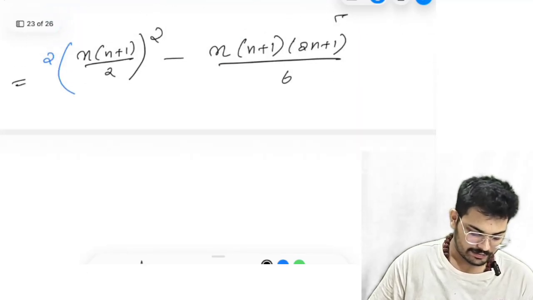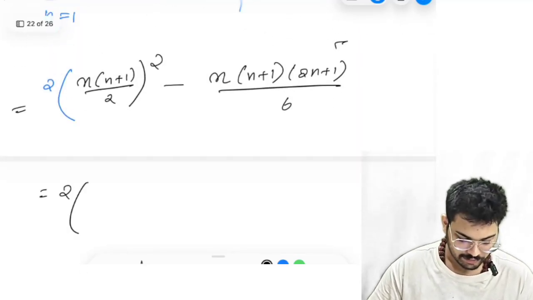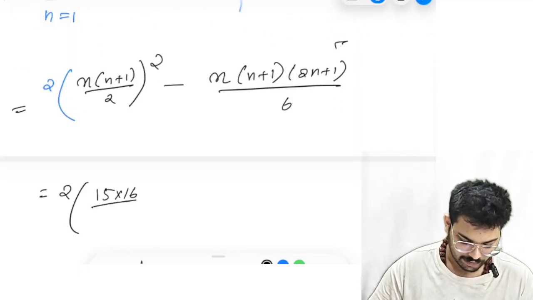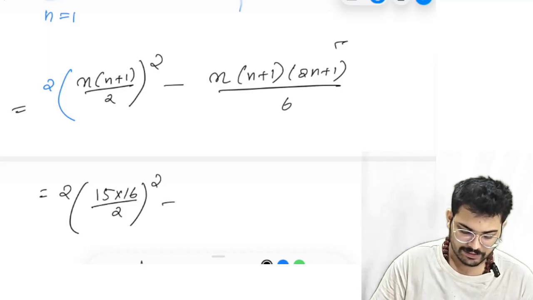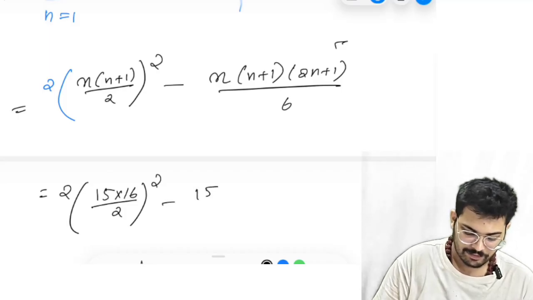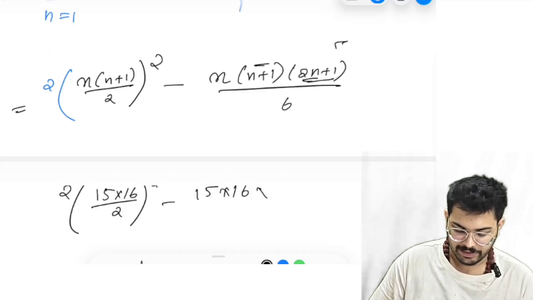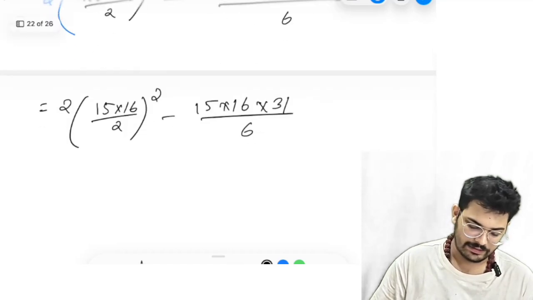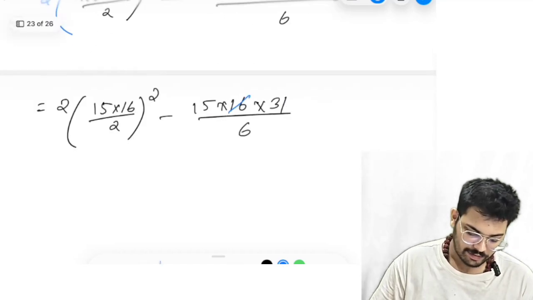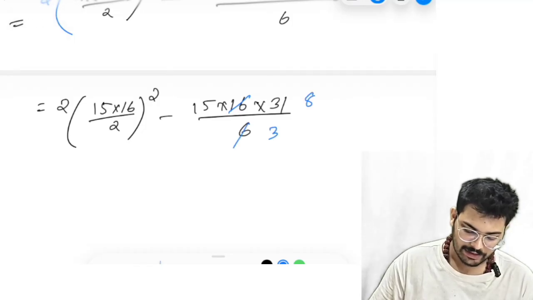Therefore, this will become 2 into 15 into 16 divided by 2, the whole square, minus 15 into 15 plus 1, which is 16, into 2 into 15 plus 1, which is 31, the whole divided by 6. Here the 2 will cancel and it will become 8, and here it will become 3.